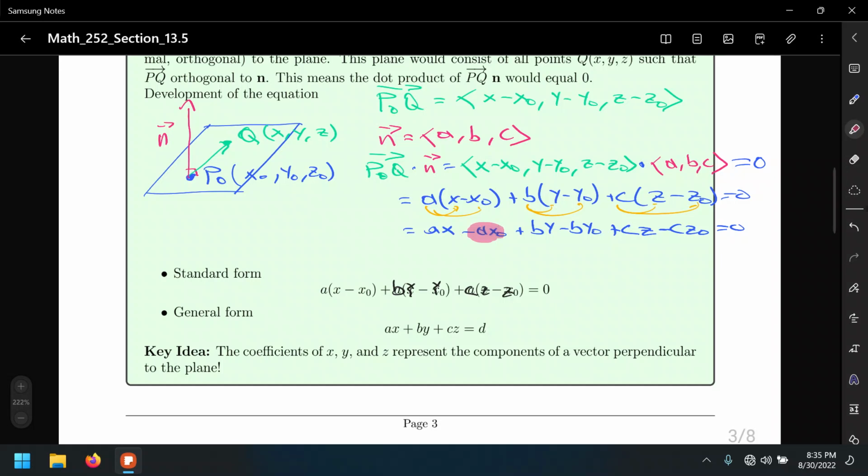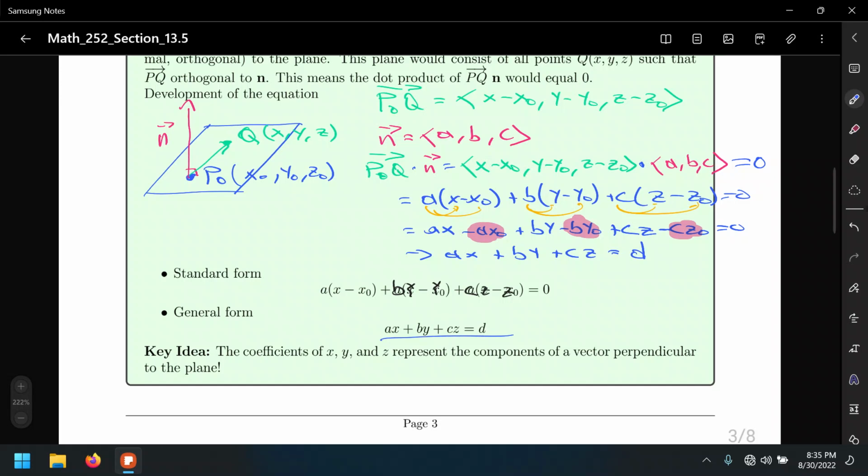That's a number, that's another number, that's another number. Combine the three numbers together, that's just going to give us another number. And in the end, we're going to get ax plus by plus cz equals whatever the addition of that number on the right-hand side of the equation, that we can just call d, which is the general form of that plane.